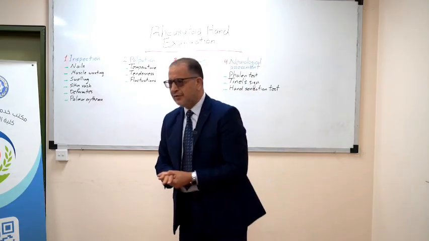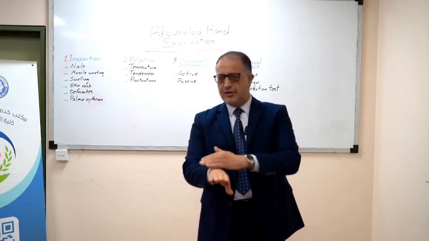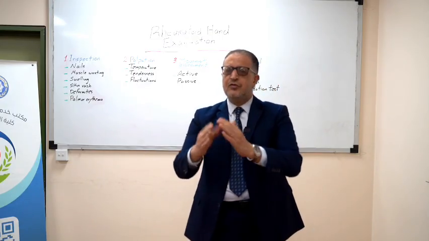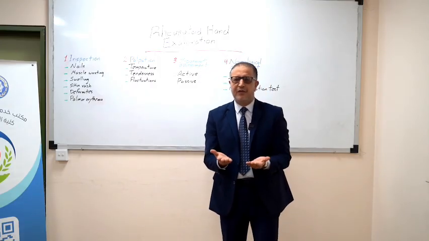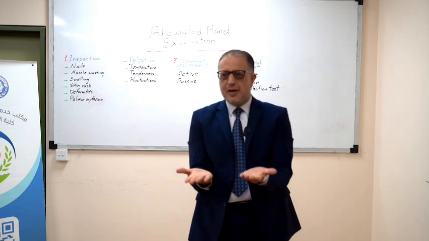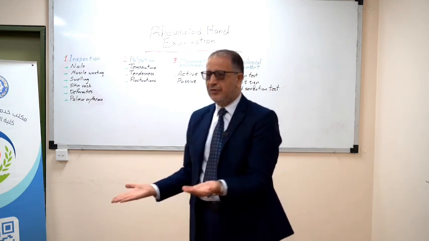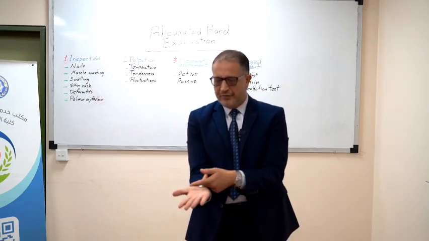The other point: you need to inspect the palm. The hand is not only the dorsum. You need to examine the palm. Most students forget to examine the palms of the hand. If you look at the palm, we go in the same sequence, okay? Number one, you're looking for muscle wasting.